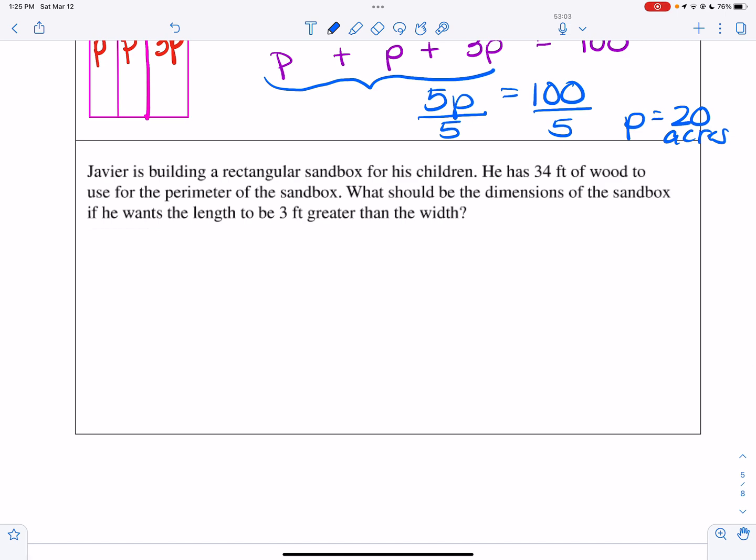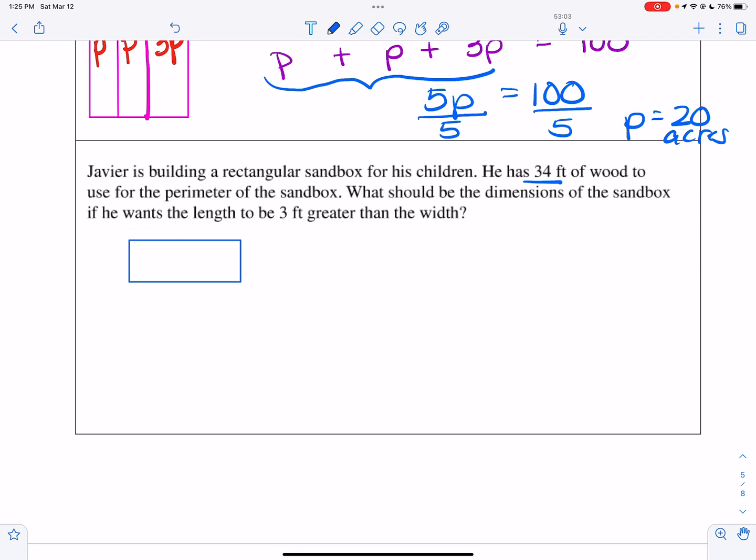All right, the next problem is dealing with a sandbox. You are going to have a rectangular sandbox. So that didn't come out very good. Let's try that again. So we have a rectangular sandbox. And all we know is that this guy has 34 feet of wood, and we're going to be looking for perimeter, okay?